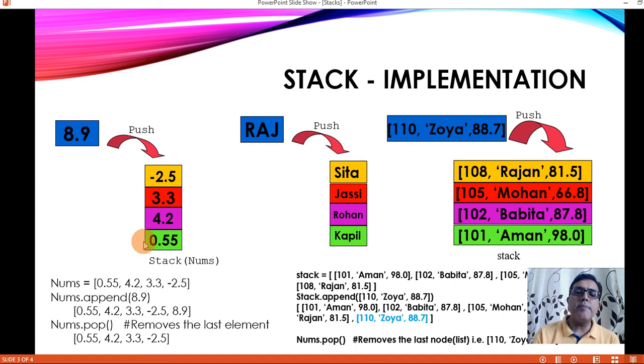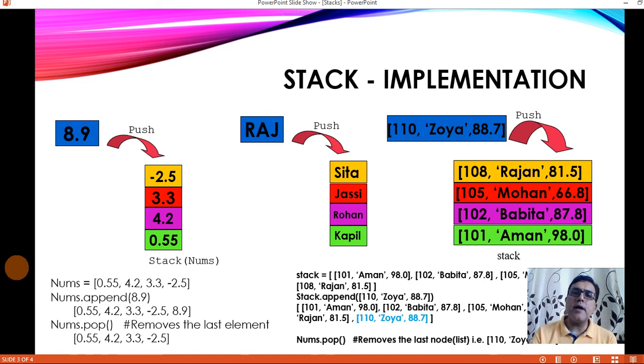At the 0th element there is 0.55, then 4.2, then 3.3, then minus 2.5. Now if I have to add an element, it will be added at the end, and an element will be taken out from the end only. In this way, this list will be used to implement a stack.